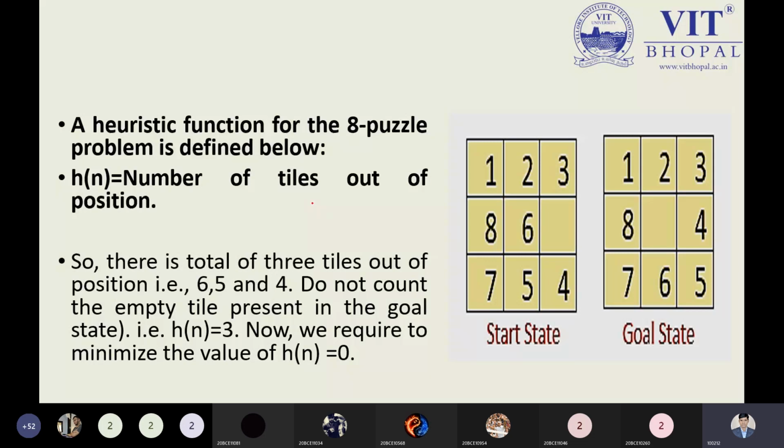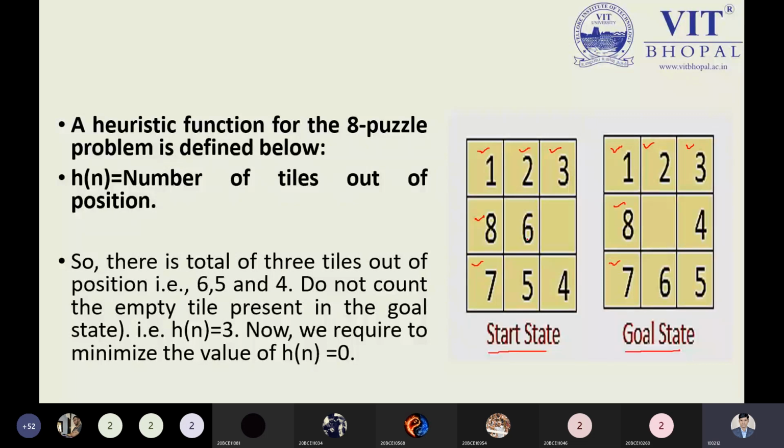So those students who are not able to understand the problem, let me explain this problem in a simple way. See, this is our start state we have, and this is our goal state we have. So start state and goal state is given. So you can say 1, 2, 3, 8, and 7 are matching with our goal state tiles.